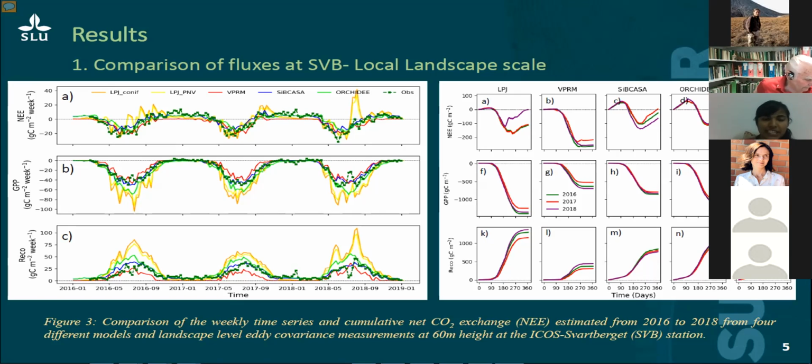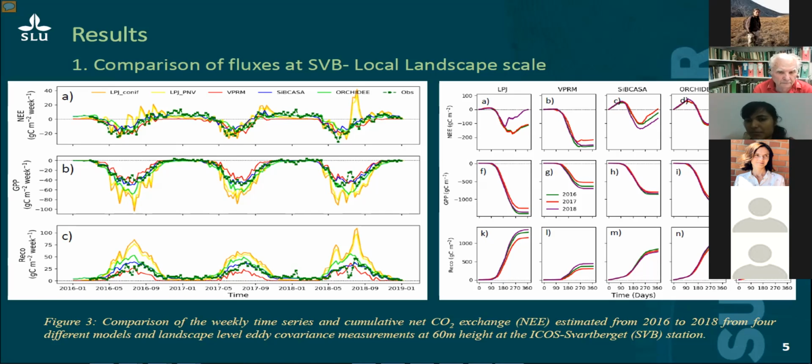And then we can see the process-based ecosystem models, LPJ-GUESS and ORCHIDEE, simulate higher GPP and RECO. When we look at the cumulative plot of NEE, GPP, and RECO on the right side, it is column-wise: LPJ, VPRM, SiBCASA, ORCHIDEE, and the eddy covariance data last. What we expect is that 2018 being a drought year, it will have less NEE uptake.